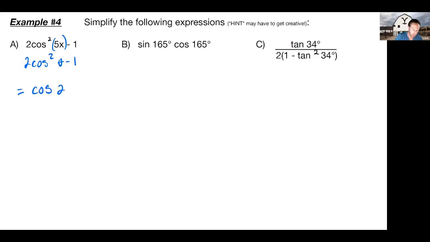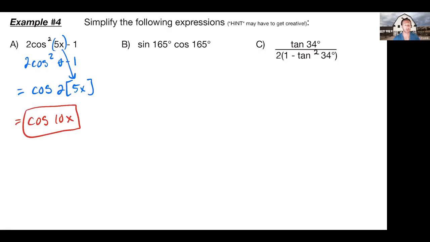So I can just write 2 times whatever my angle is, and they gave us an angle of 5x. So the answer to that one was simply cosine of 10x. If you want to keep the parentheses around it for your argument, your angle, it's perfectly fine. Feel free to do so.